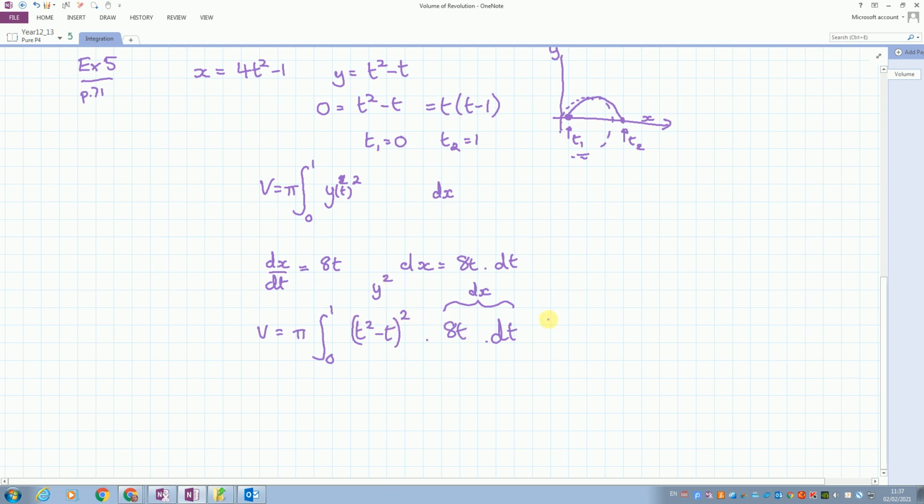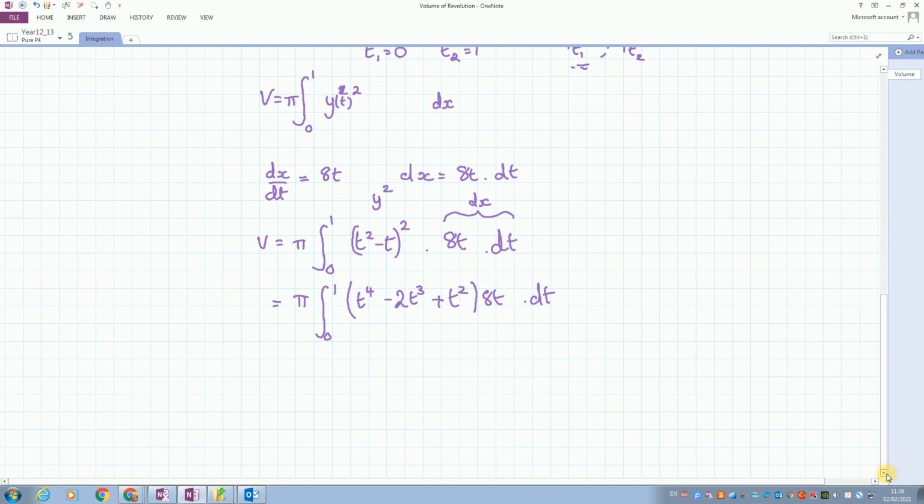That's my volume calculation. Let's expand out the function. So we're doing pi times the integral from 0 to 1 of t to the 4 minus 2 lots of t cubed plus t squared, all multiplied by 8t with respect to t.